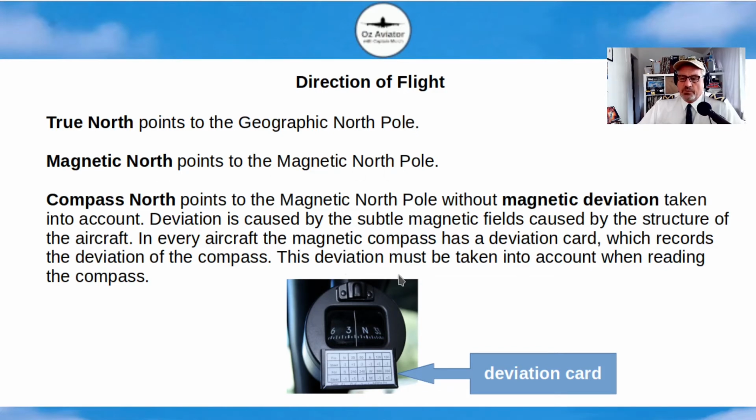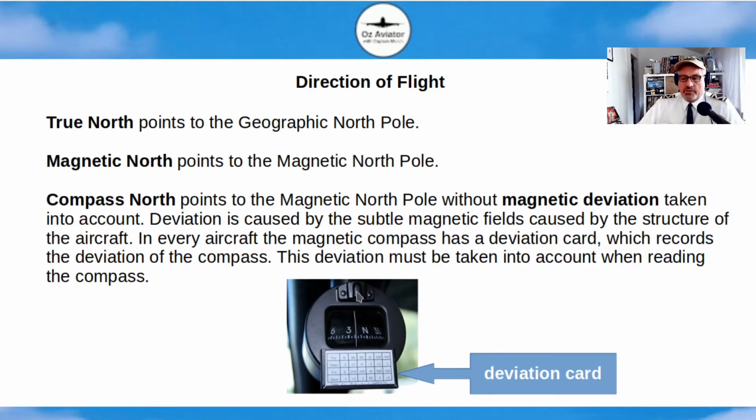Now compass north, the magnetic compass in your aircraft is subject to a slight deviation caused by the magnetic influence of bits of metal in your aircraft, ferrous material that can make your aircraft's compass deviate from what the magnetic north is.